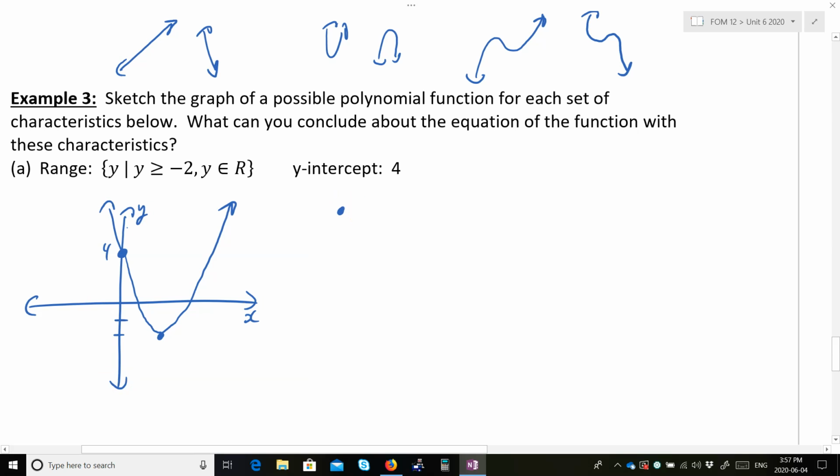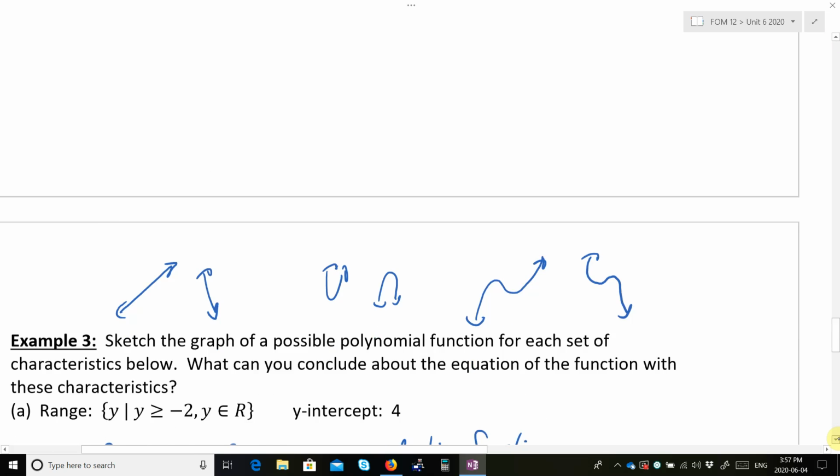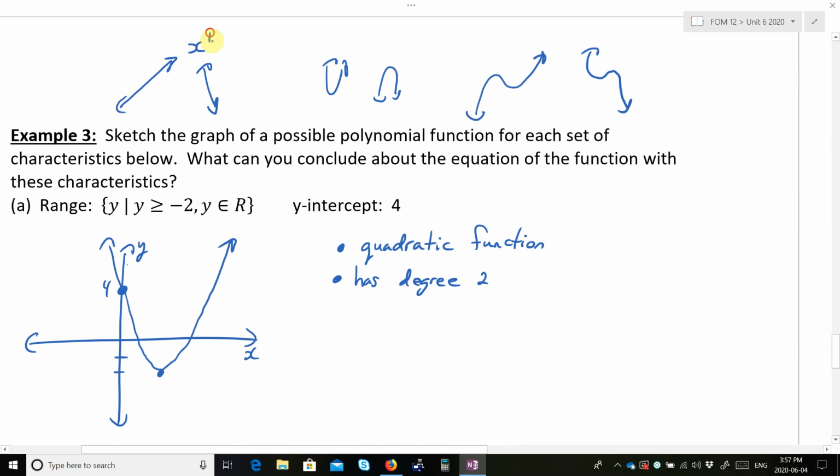Okay, so what can we conclude about the equation? It is a quadratic function. So that means it has degree 2. So it's x to the 2. Okay, so you know how these ones are x to the 1, these are x to the 2, and these are x to the 3.